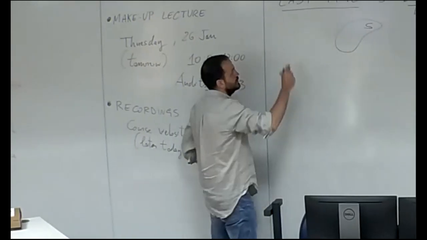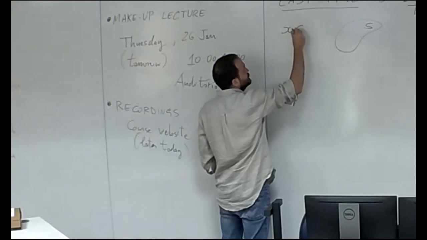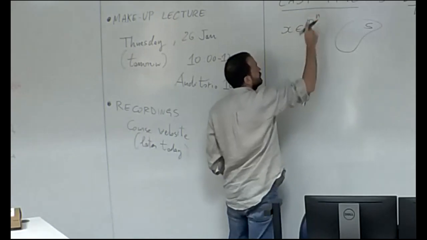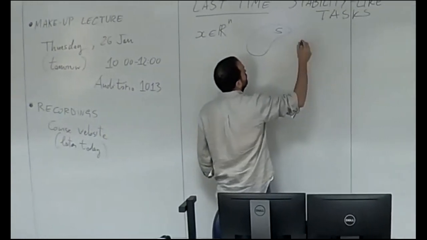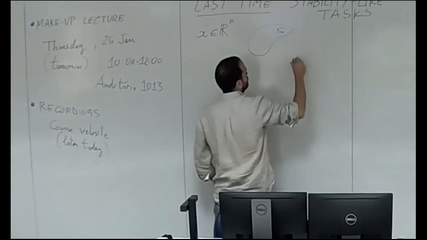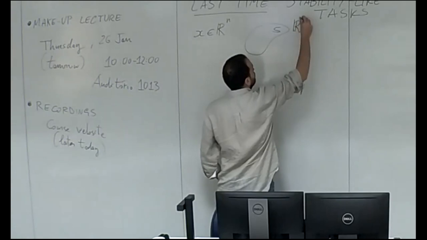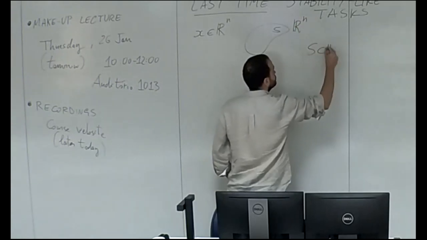In our case, the state space, the space where the state of the robot lives, is R^n. So S here is a subset of R^n.